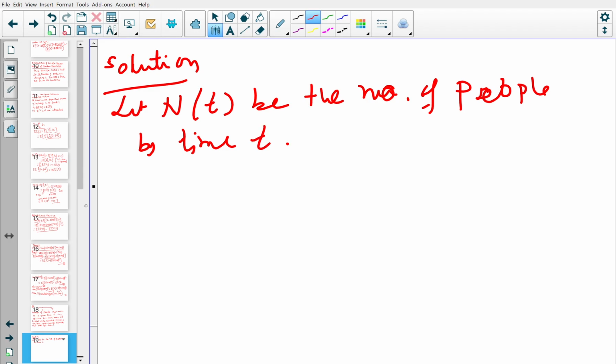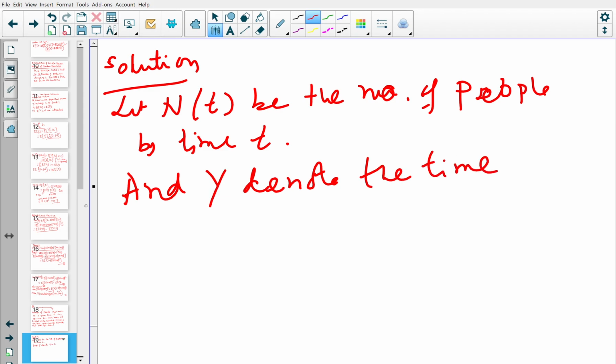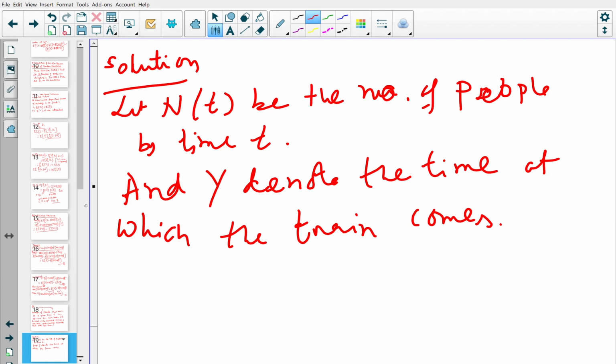That means N(t) follows a Poisson distribution with mean lambda t, and one more random variable you are talking about, that is Y. So let Y denote the time at which the train comes at the station.